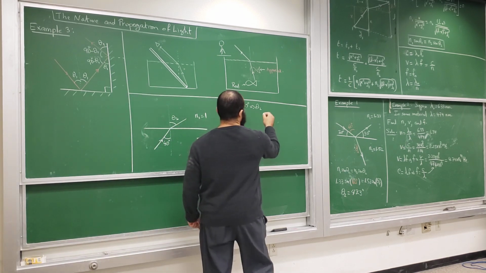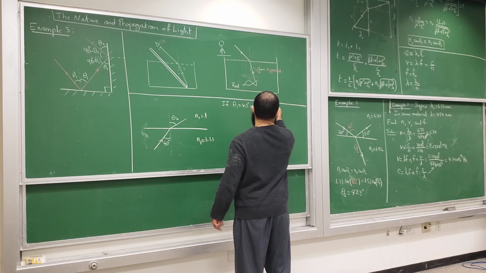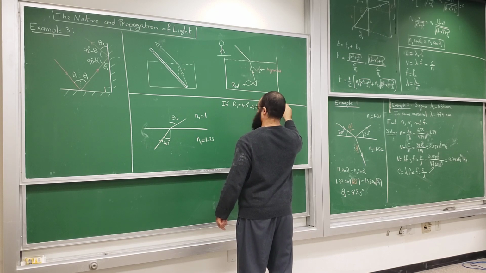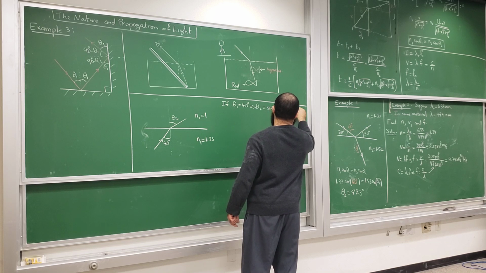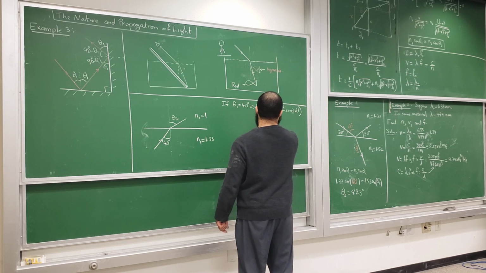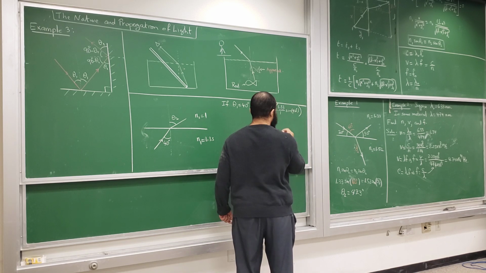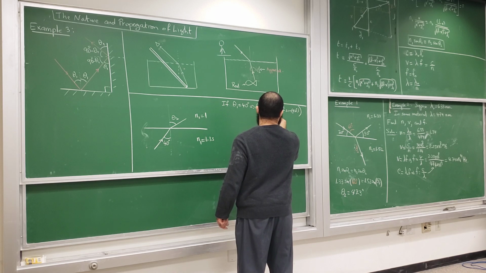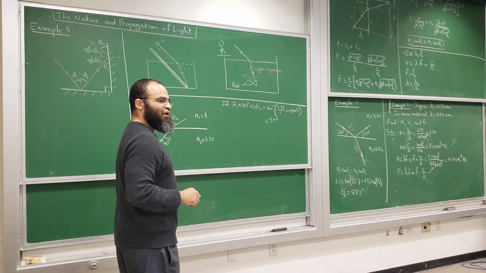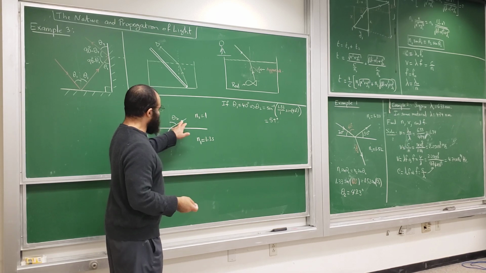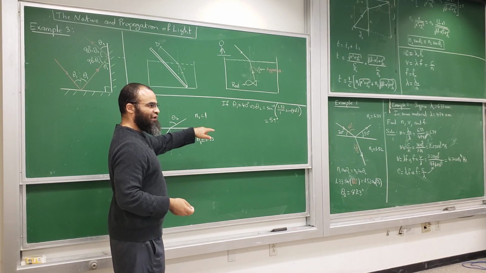So theta 2 will be the sine inverse of 1.33 over 1 times the sine of 40 degrees. Approximately 59 degrees. Okay, so let me just make it 59, and you can see this angle is 59.